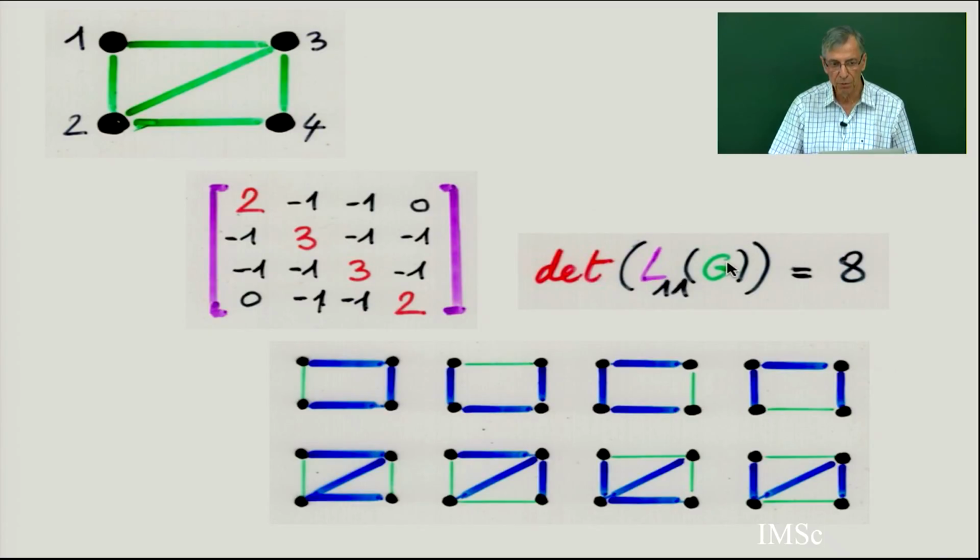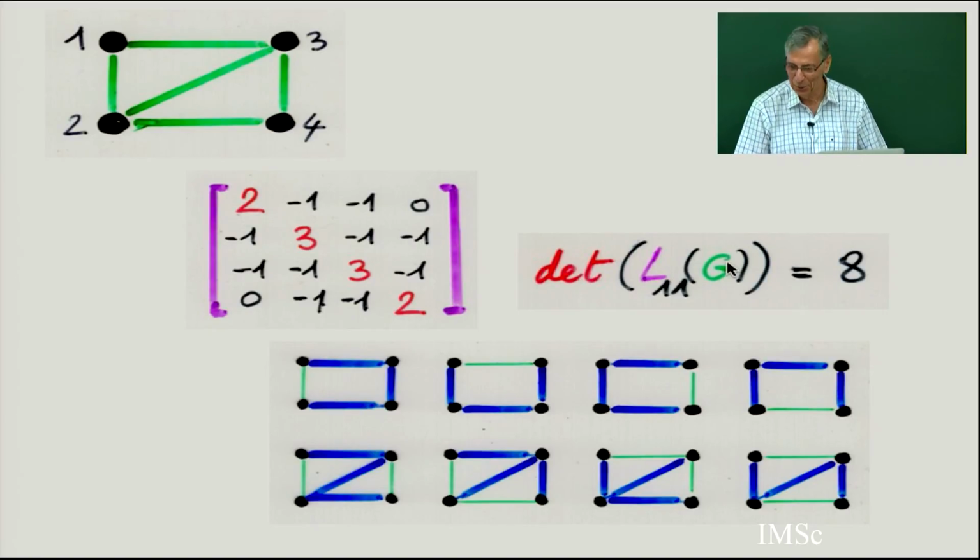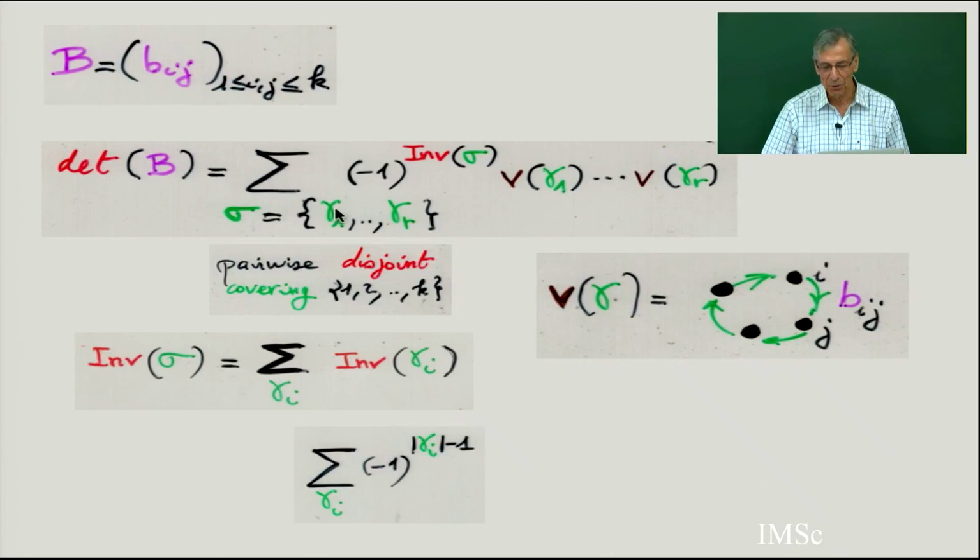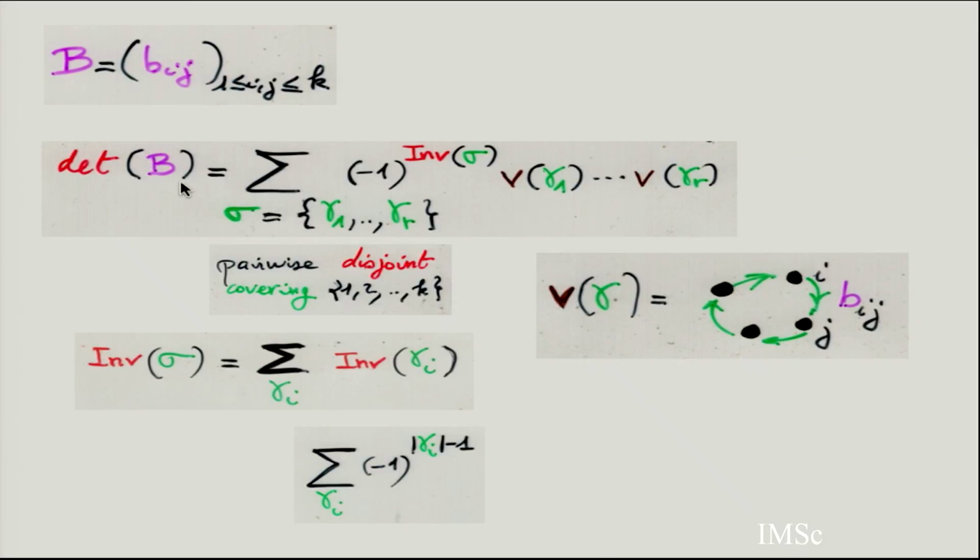And I give you a proof with a nice involution. Now an involution is nice, it's gentle. We are going to eliminate the terms two by two in a nice way. No problem as before. So just recall the definition of the determinant. The determinant is the sum of all permutations, with the sign minus 1 to the number of inversions.